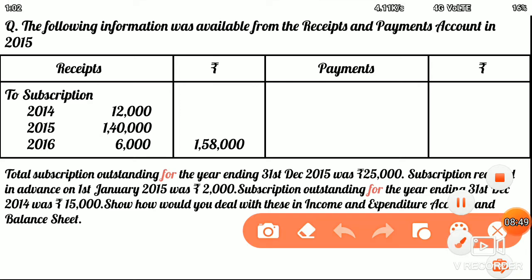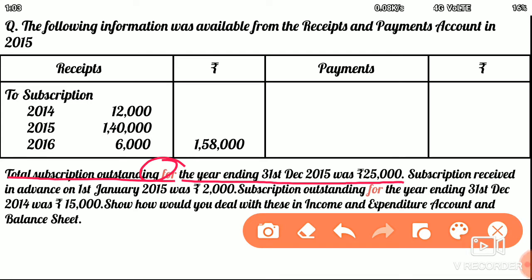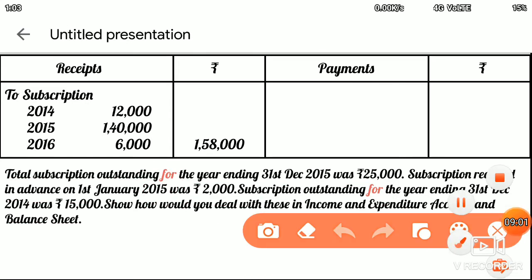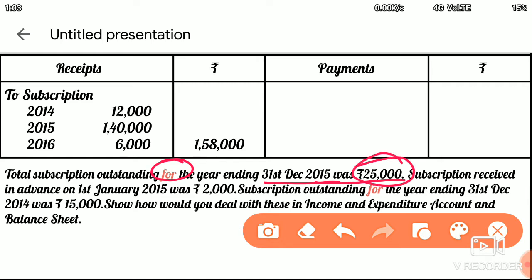Now we should be a bit careful here. Total subscription outstanding for the year ending 31st December 2015 is 25,000. Now if in the question the word for is used, then we should understand that this outstanding at the end of the current year for 2015 means this 25,000 rupees belongs only to 2015.